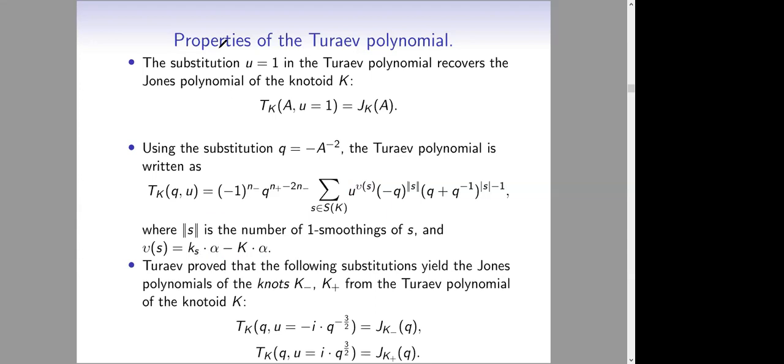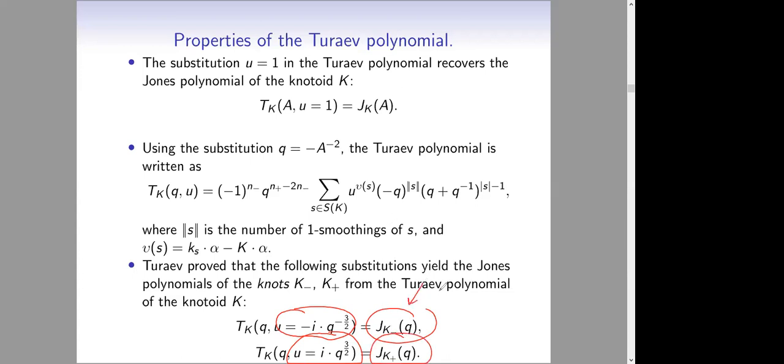You can recover the Jones polynomial of k minus and k plus by some substitution in the Trayer polynomial. So if you substitute u equals i times q to the power negative 3 over 2, we get the Jones polynomial of k minus. And if you substitute u equals i times q to the 3 over 2, you get the Jones polynomial of k plus.